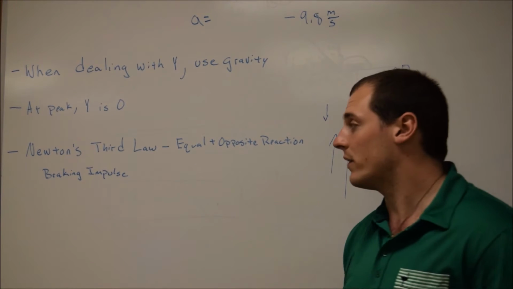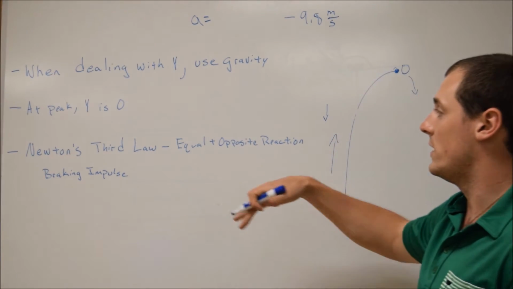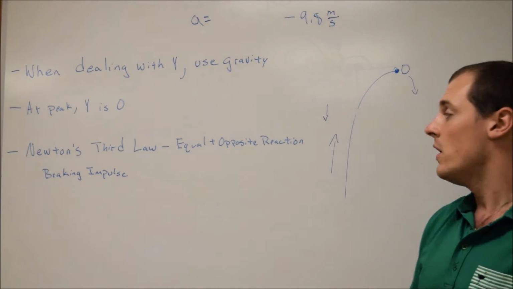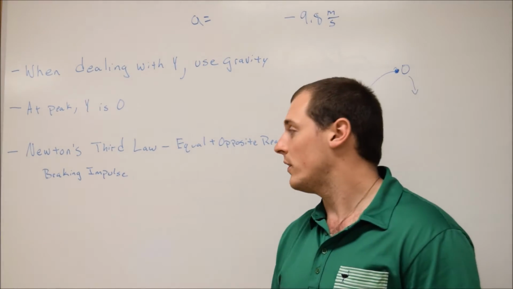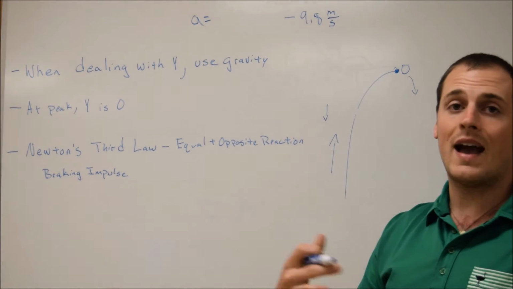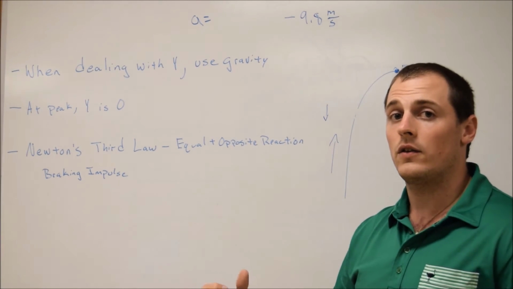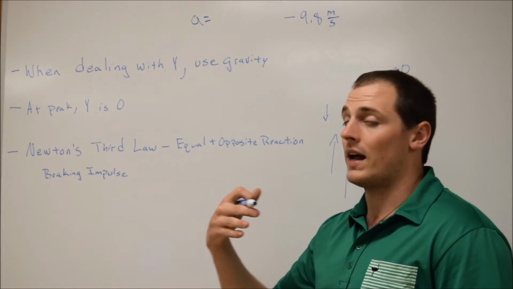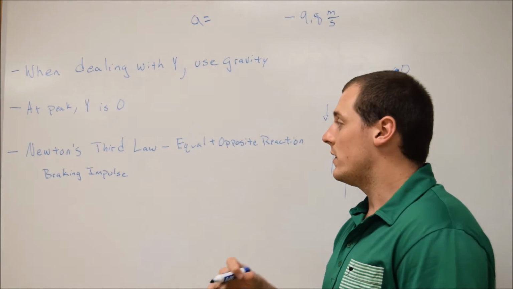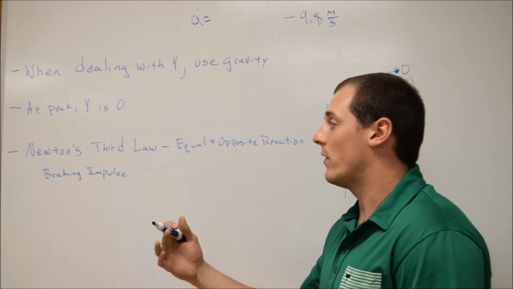And lastly, the point that I want to cover is Newton's third law, which talks about the equal and opposite reaction. So anytime that we're dealing with a propulsion and a braking impulse, if a question is asking the impulse needed to stop an object, so it's going some speed, and for that object to fully stop, the answer is going to be exactly opposite what you have for that.